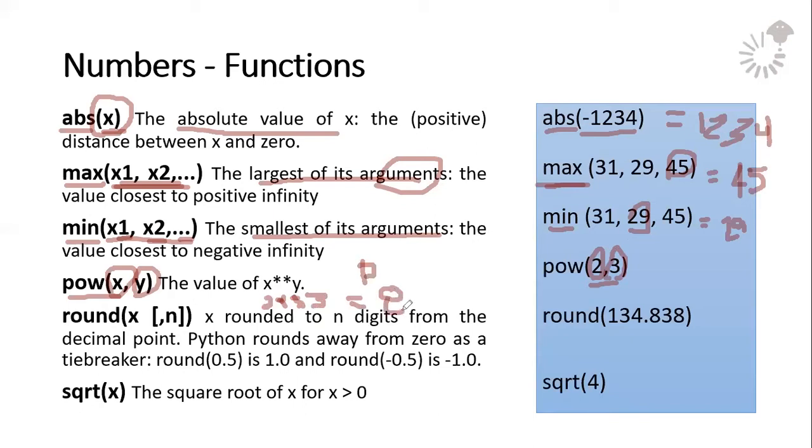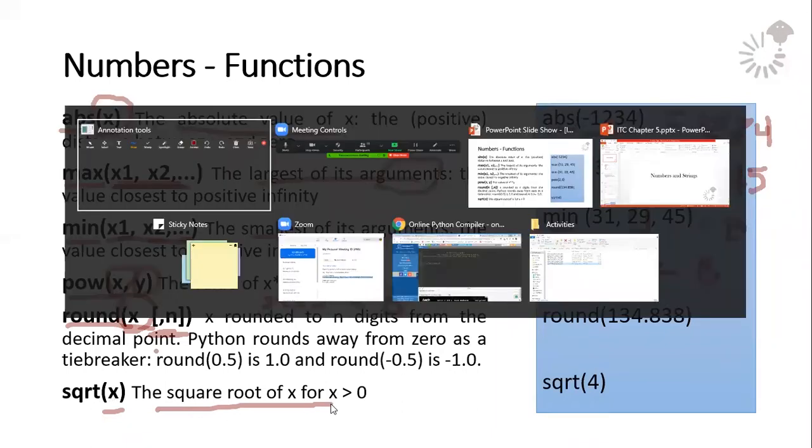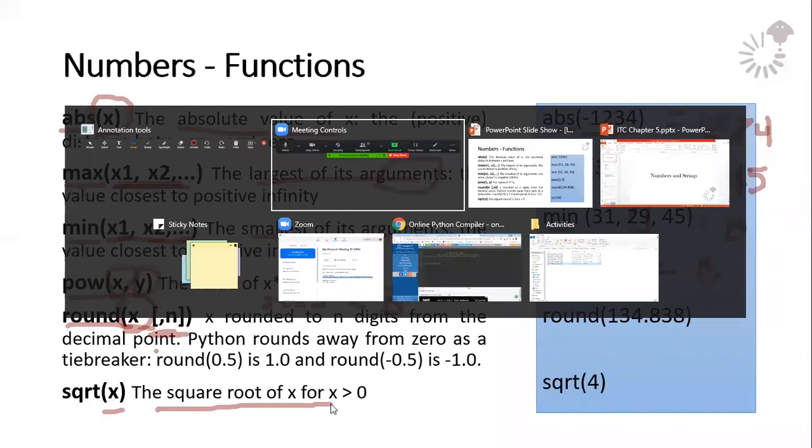Yan yung magiging or return value niya is 8. Next, we have round. Sa round, it's requiring yung value for x and meron kang ditong optional kasi nakaganyan siya. So, you can pass second value or pwedeng walang value. Square root, isang value. Ang ginagawa ng square root, kinukuha niya yung square root of x. Let's practice or let's try this in a program para mas makita niyo.